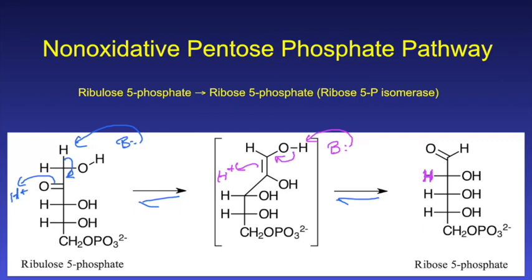All right. I told you we produced two things in the pentose phosphate pathway. What are those two things? Ribose 5-phosphate, I said, this is what we make, plus NADPH. But how many did we make from glucose? 2. We made 2 NADPHs.